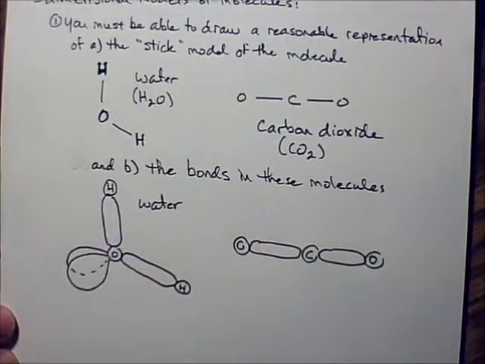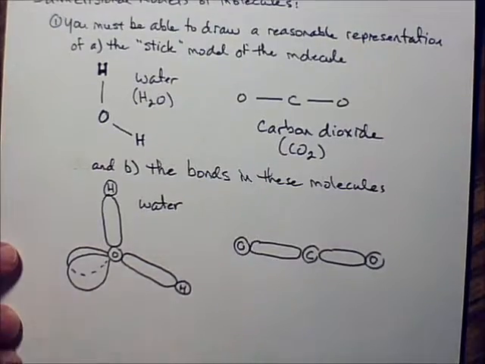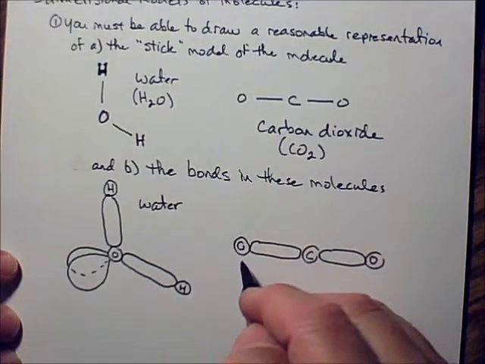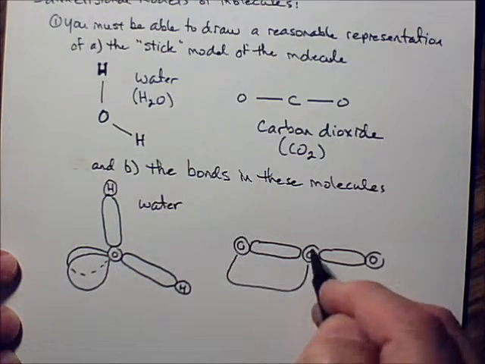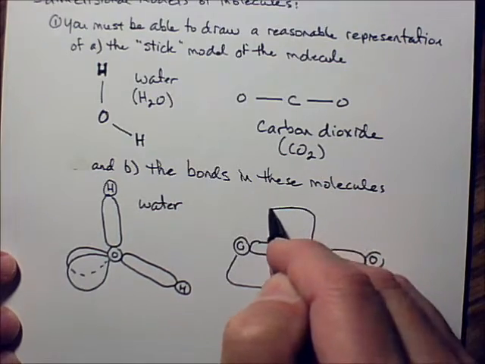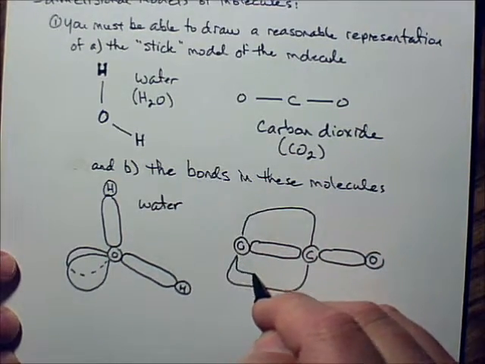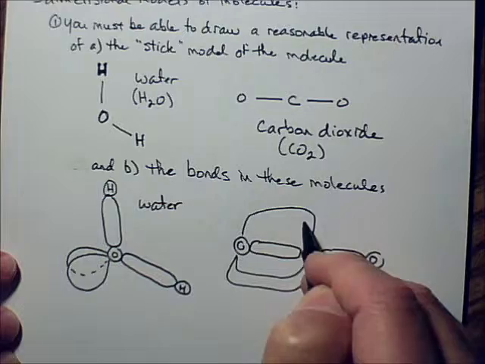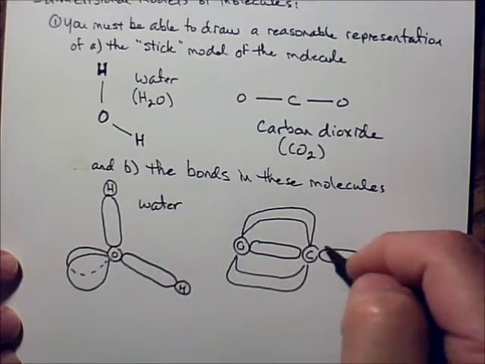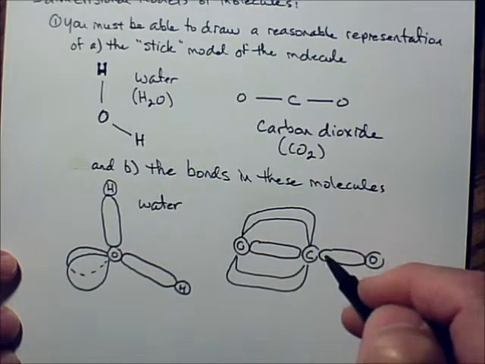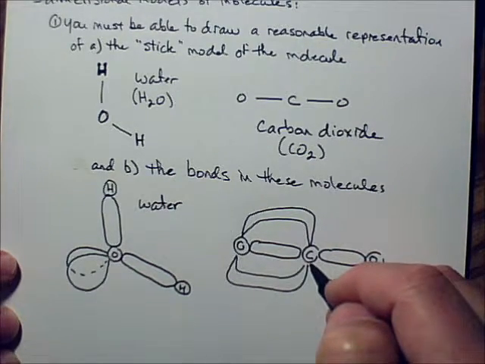And then you had a second bond between the carbon and the oxygen. Each carbon and each oxygen had a second bond. So one of the bonds, or the second bond, does this kind of thing. And then the other bond going to the other oxygen, so I'm going to do that.